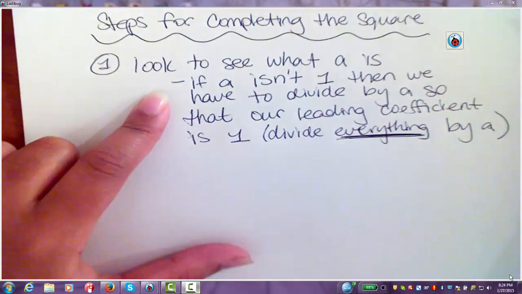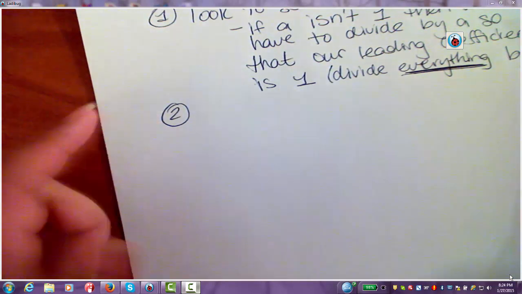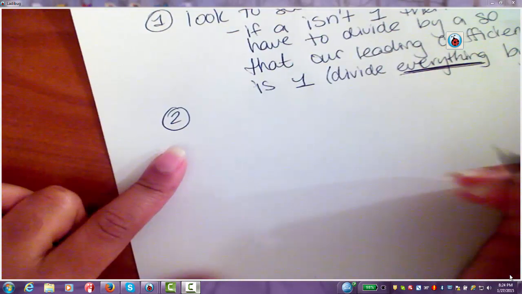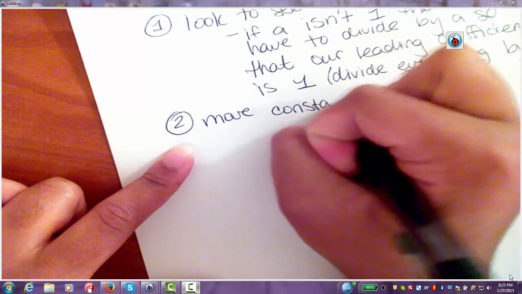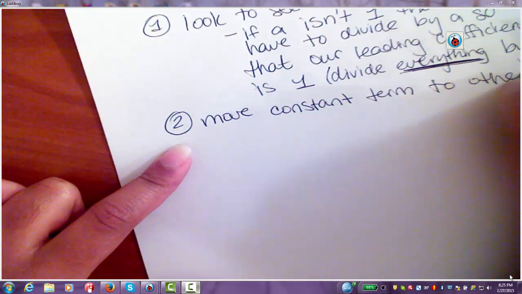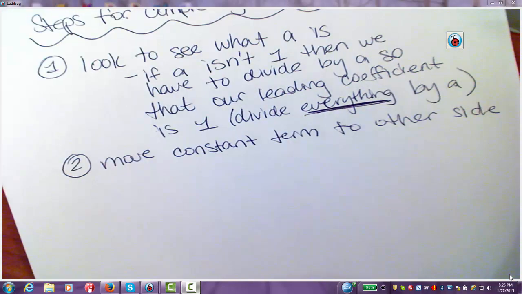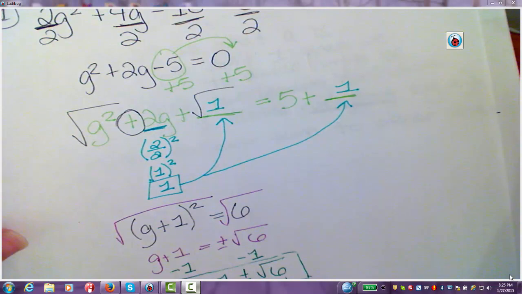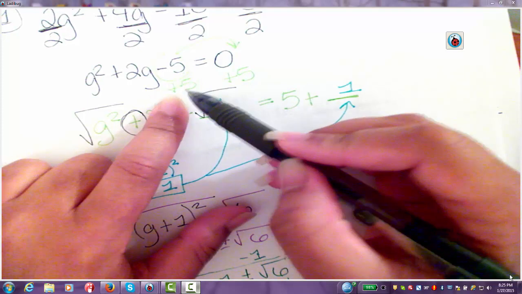Okay, and then after we got that our a value was 1, we moved our constant term to the other side. So we move our constant term to the other side, and that's what we did in this step. Our constant term in this case was -5, so taking it to the other side made it +5.